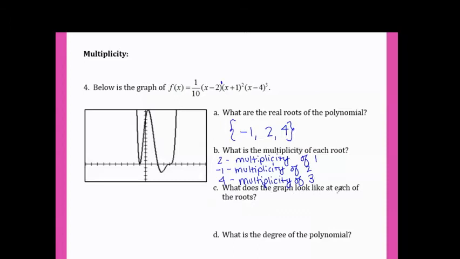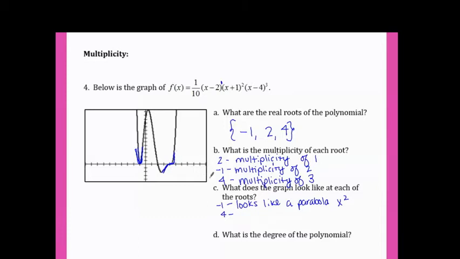So what does the graph look like at each root? At -1, what shape does this make? It looks like a parabola, or the shape an x squared makes. 4 makes this shape.